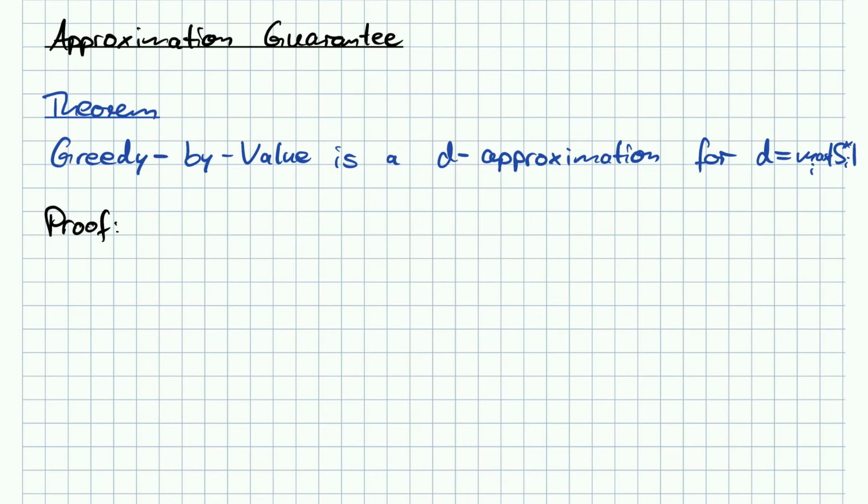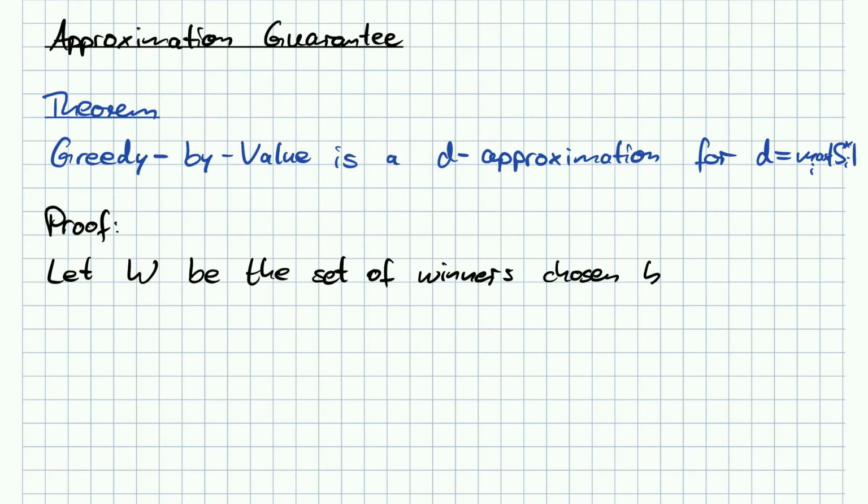In more detail, we let W be the set of bidders who are selected winners by the algorithm and we let opt be the set of winners chosen by the optimal solution.